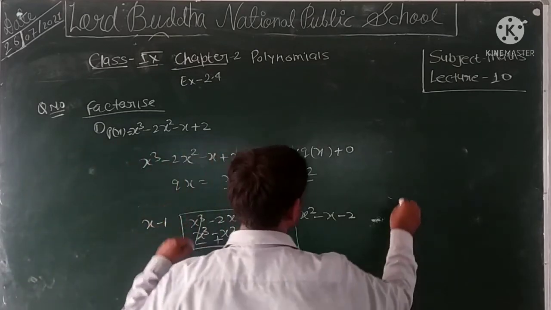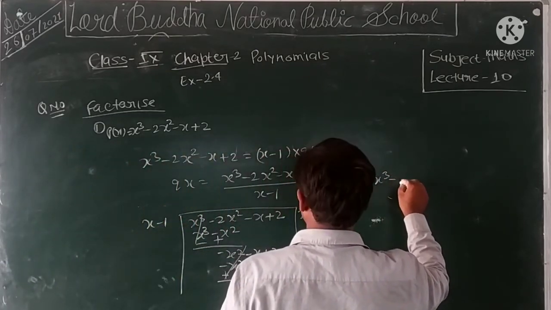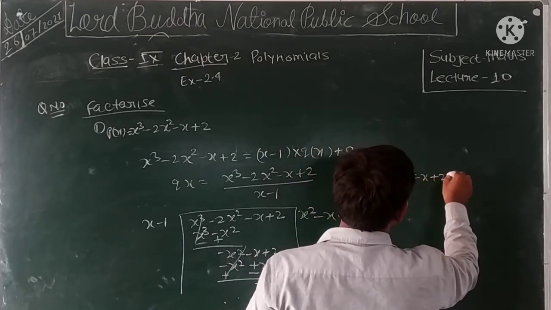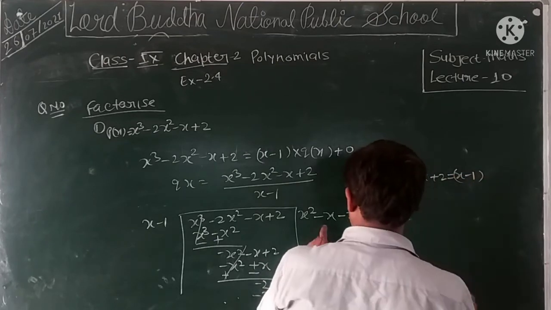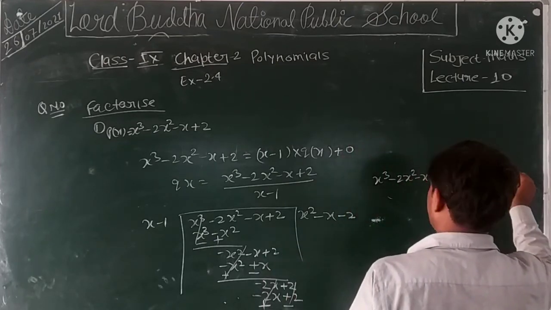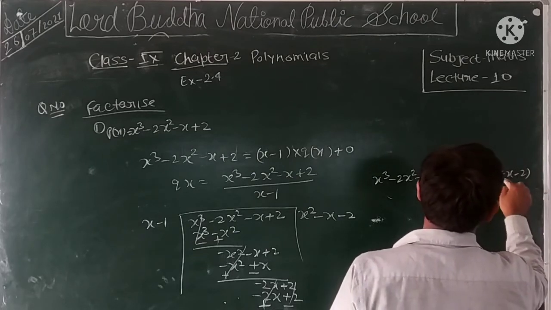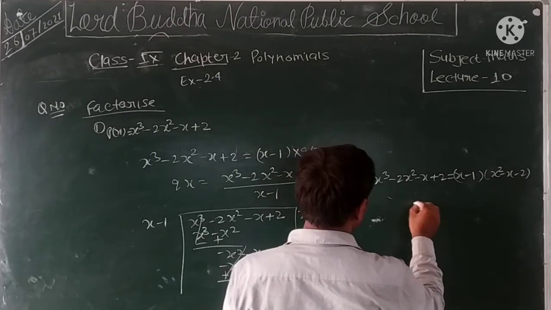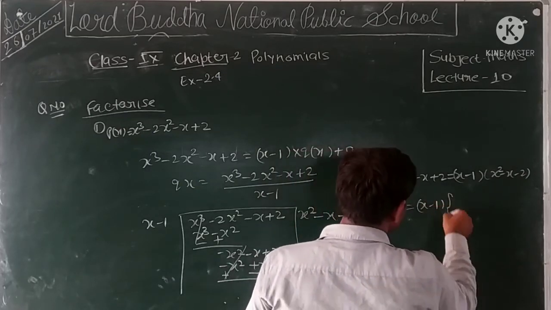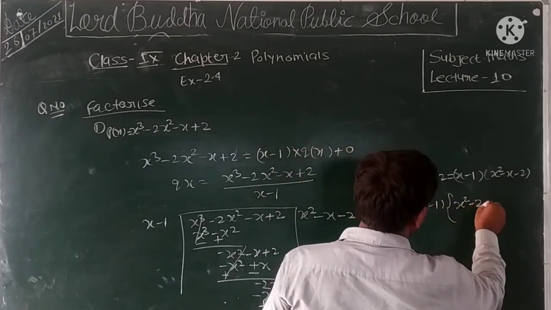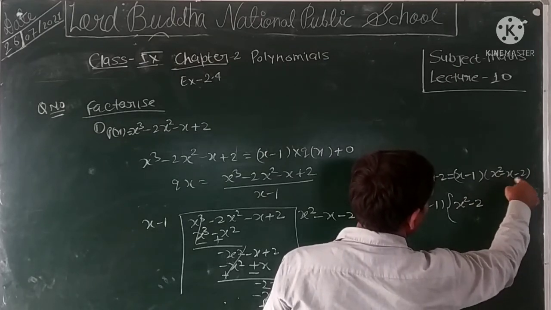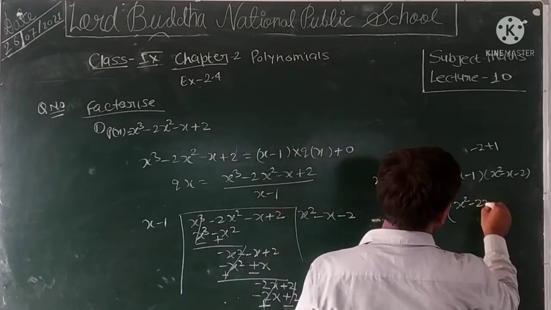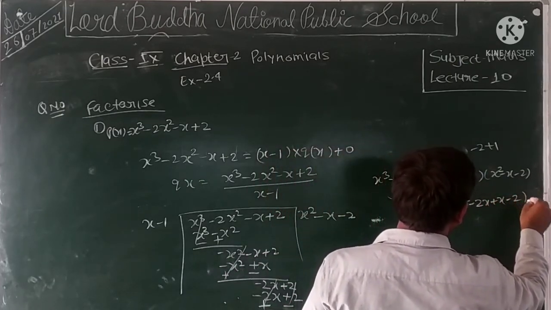Now we can write it as x cube minus 2x square minus x plus 2 equal to (x minus 1) and (x square minus x minus 2). This is a quadratic polynomial. We can factorize it: 2 times 1 is 2, and minus 2 plus 1 equal to minus 1. So this is equal to x square minus 2x plus x minus 2.